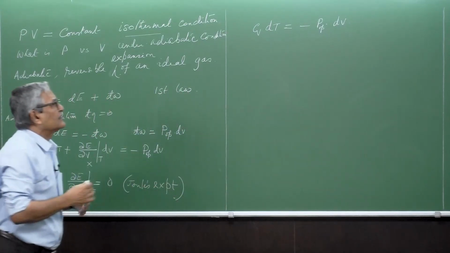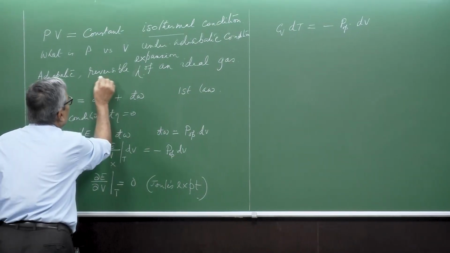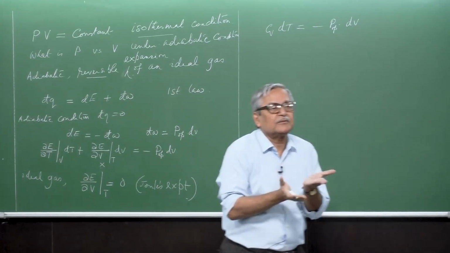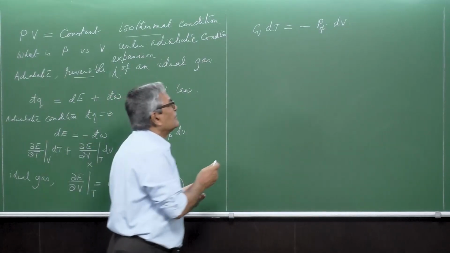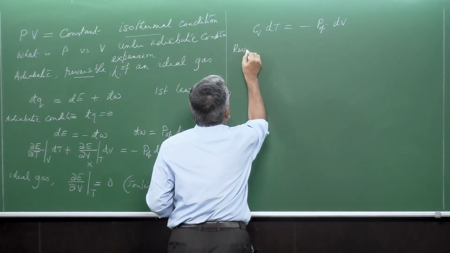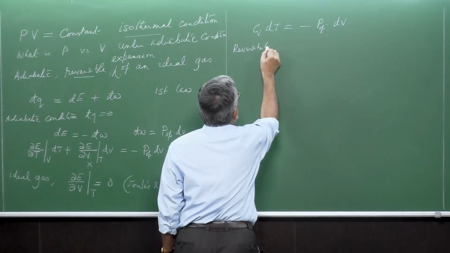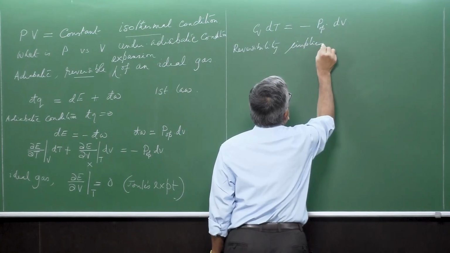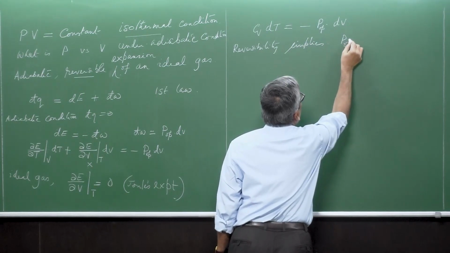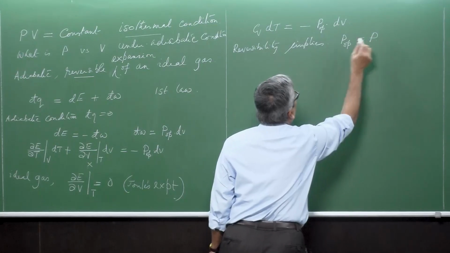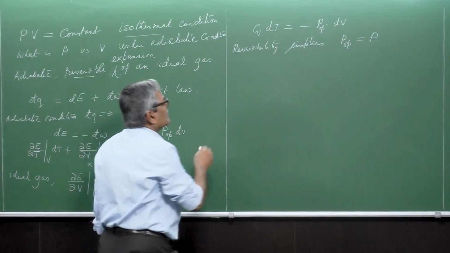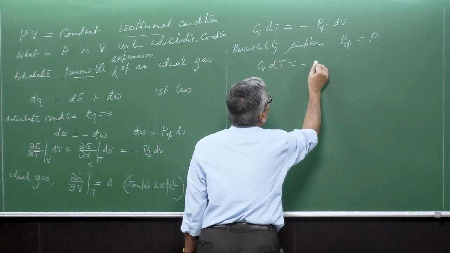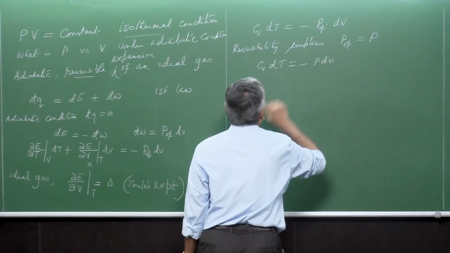Since it is a reversible change, throughout the change we have maintained an equilibrium condition with the surroundings. So reversibility implies P opposing equal to the pressure P of the gas, and that gives me Cv dT equal to minus P dV.